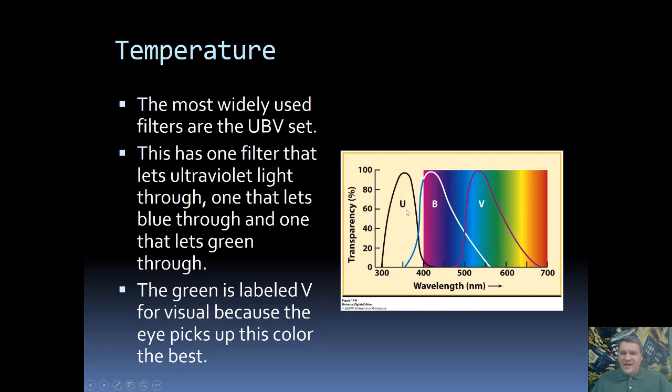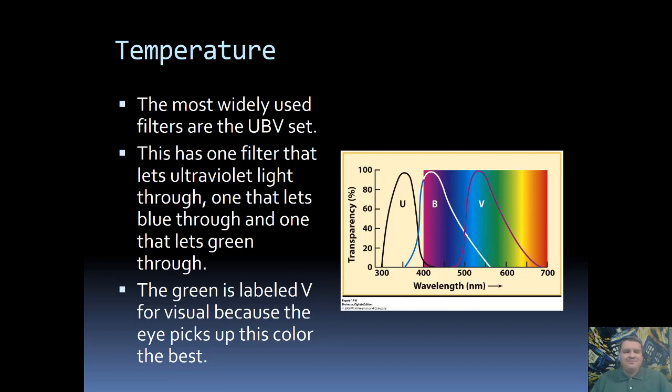So U ultraviolet, B blue, V green. This V actually stands for visual, because this is the part of the spectrum that our eyes are the most sensitive to. It's true we see red and we see blue, but it's this green region that our eyes pick up the best.